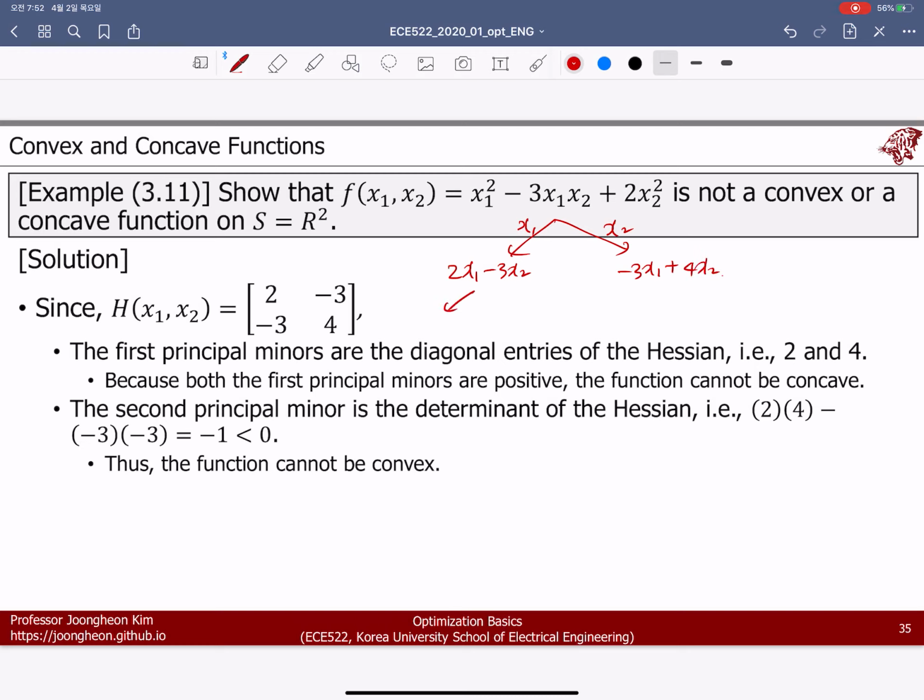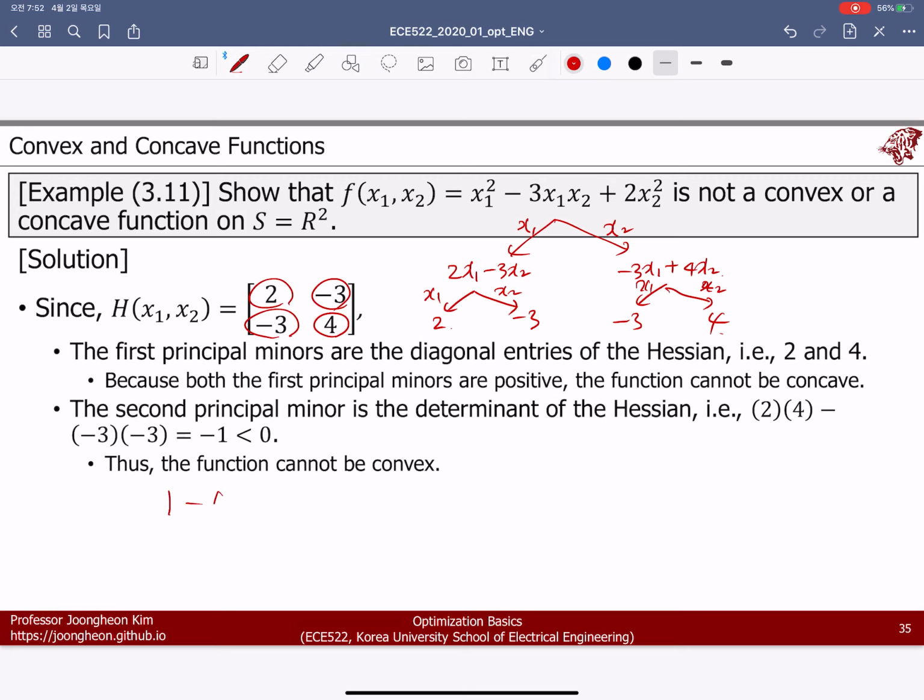Then the derivative with respect to x1 again gives 2. With respect to x2, it becomes minus 3. Taking the derivative by x1, it becomes minus 3. With respect to x2, it becomes 4. That's why it becomes 2, minus 3, minus 3, 4.